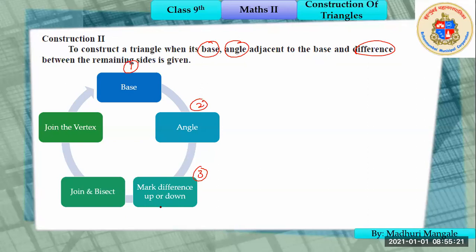Once you mark, you join it to the other end, and you join and bisect, right? So the fourth step is join and bisect. Once you bisect, you get the other vertex, the last vertex, the third vertex, and that completes the construction, right? So this is type 2 construction.